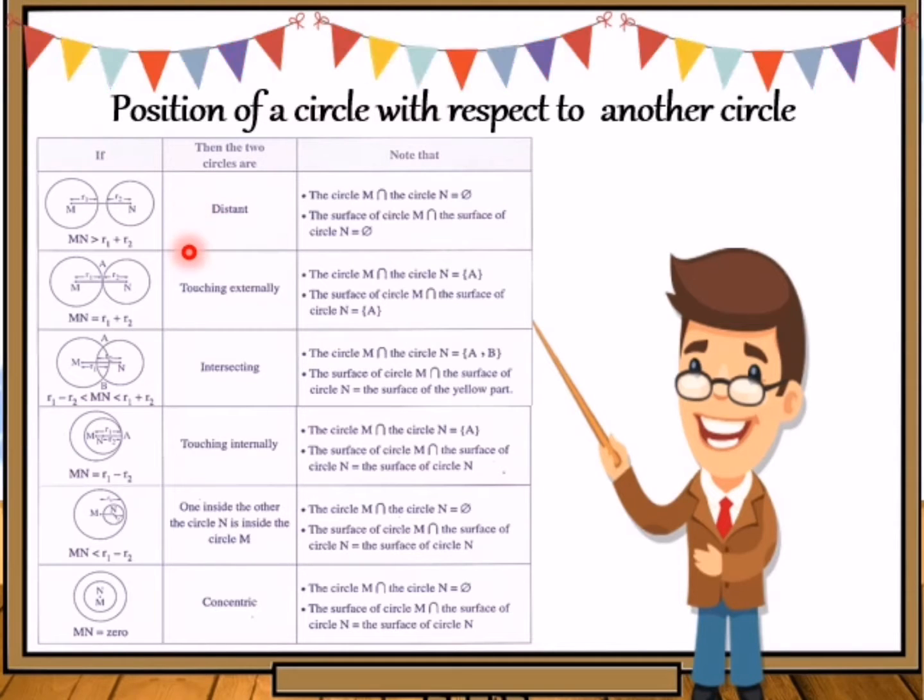First of all, if the distance between the centers of the circles is greater than the sum of the radii, then in this case the two circles are called distant, and the intersection between circle M and circle N equals phi.